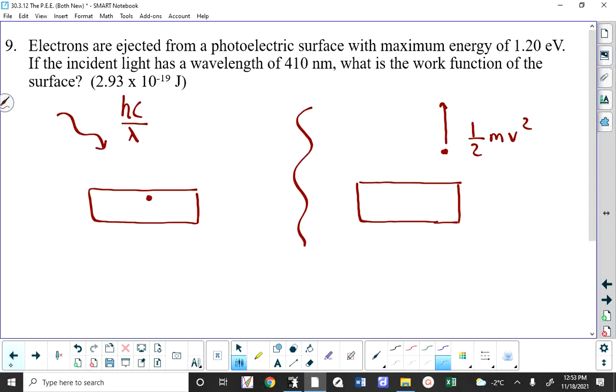The energy after is not 1/2 mv squared, because some of this was used up by the electron to get out of the metal. And the difficult thing is we can easily say part of that energy went into the work function, but it's very difficult for me to explain to you where that energy is. Where is that energy now?